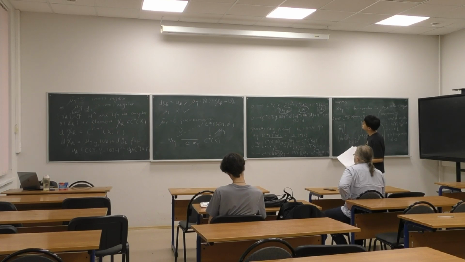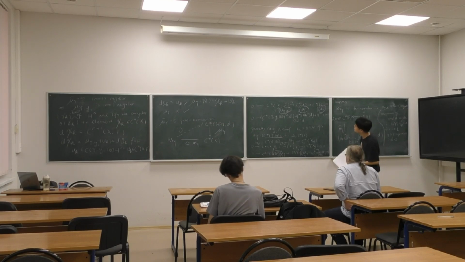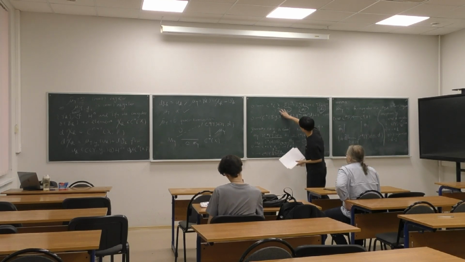So that the diagram involving C of x comma f, alpha, and so on. How do we get the vertical arrows in this diagram? So, for example, my... No, this is not m. This is mu.